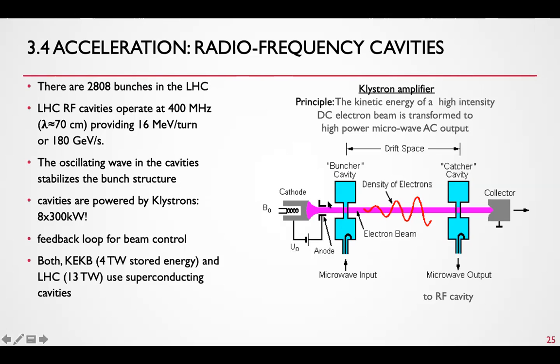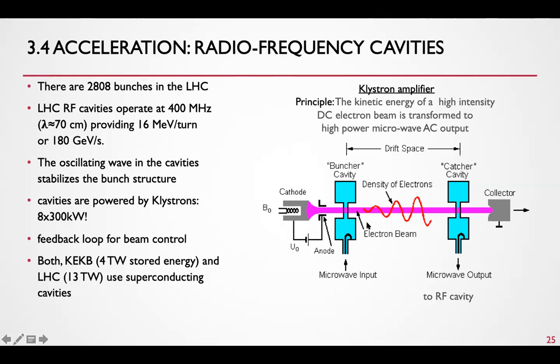The kinetic energy of all these electrons is enormous. And now because of this buncher cavity, some of the electrons move slower and others move faster. So you let the beam move until a density wave builds up, okay?